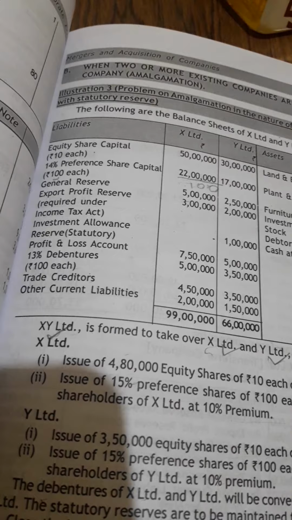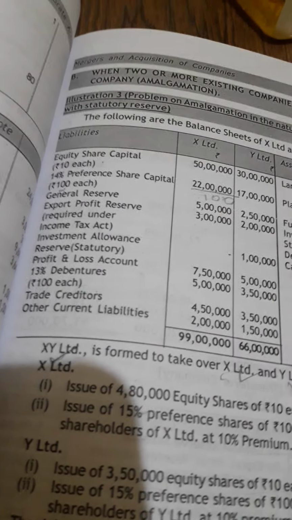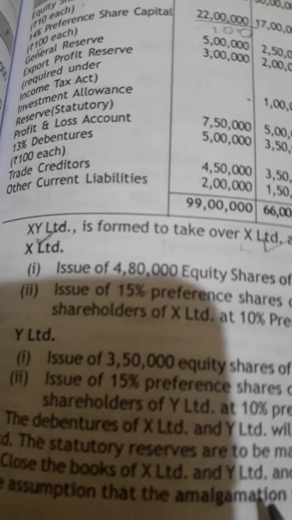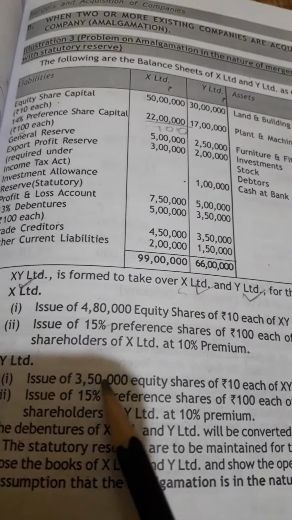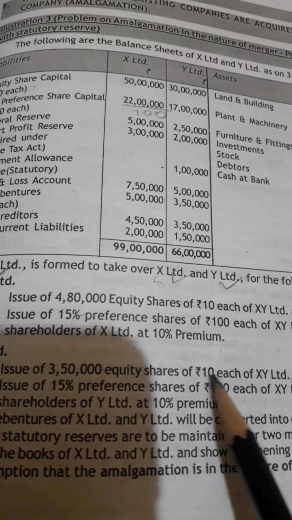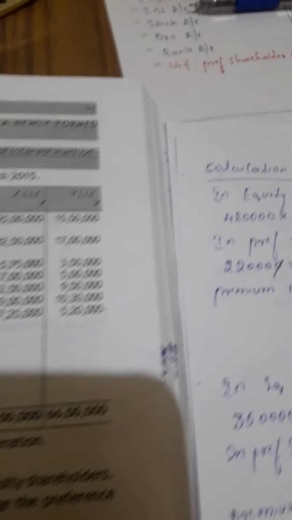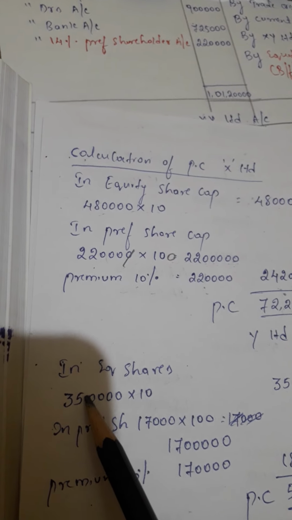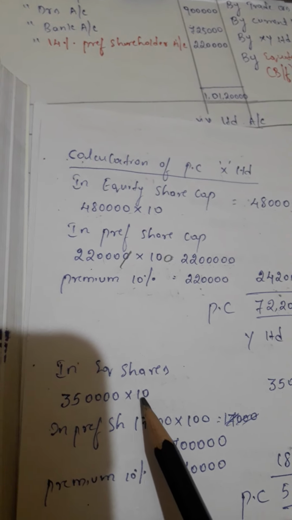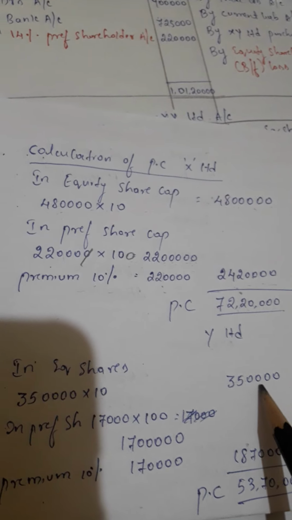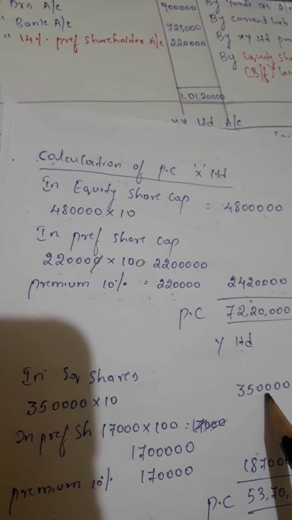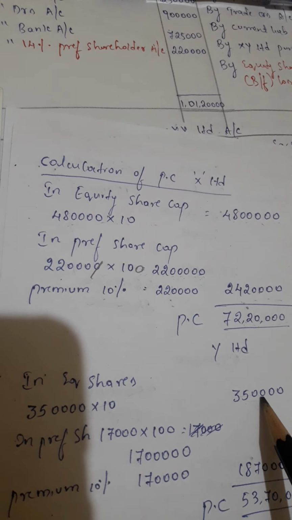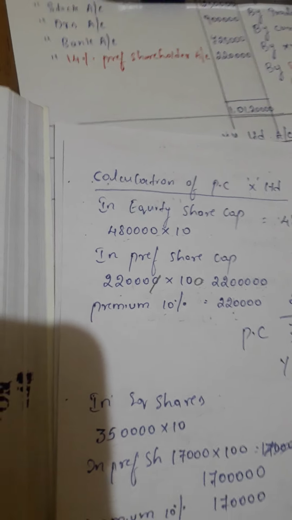It means total 3,50,000 equity shares of rupees 10 each. Under Y Limited, in equity shares, 3,50,000 into 10. This is 35 lakh.